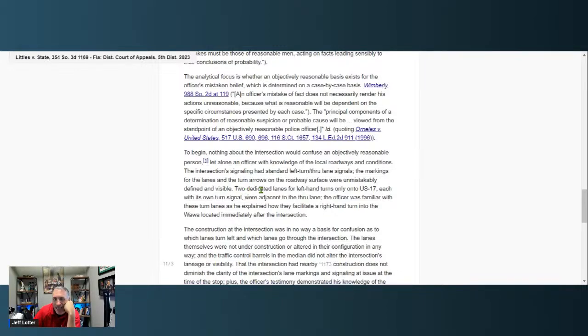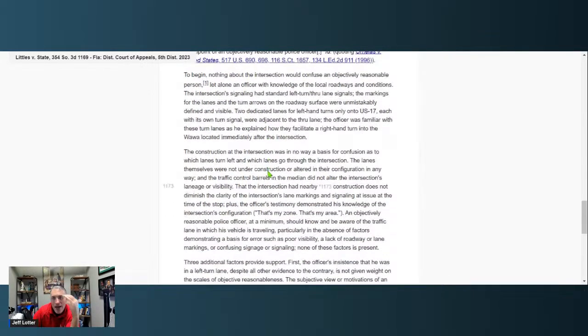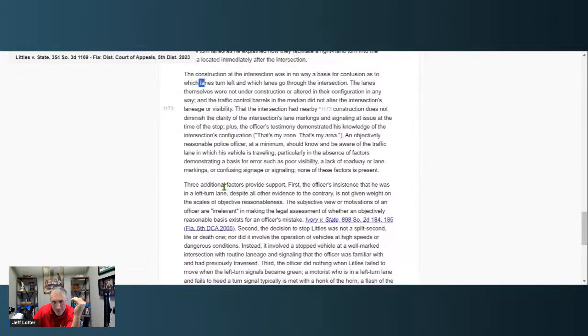Two dedicated lanes for left-hand turns only, each with its own turn signal, were adjacent to the through lane. The officer was familiar with these turn lanes as he explains how they facilitate a right-hand turn into the Wawa. Okay, the construction at the intersection was in no way a basis for the confusion as to which lanes, and so on.